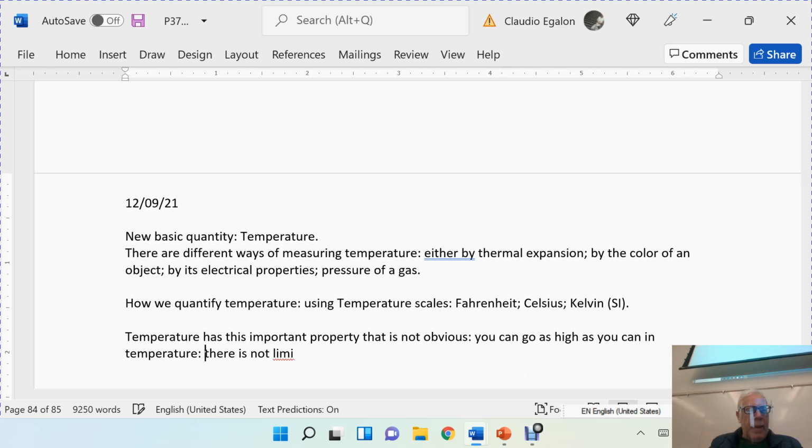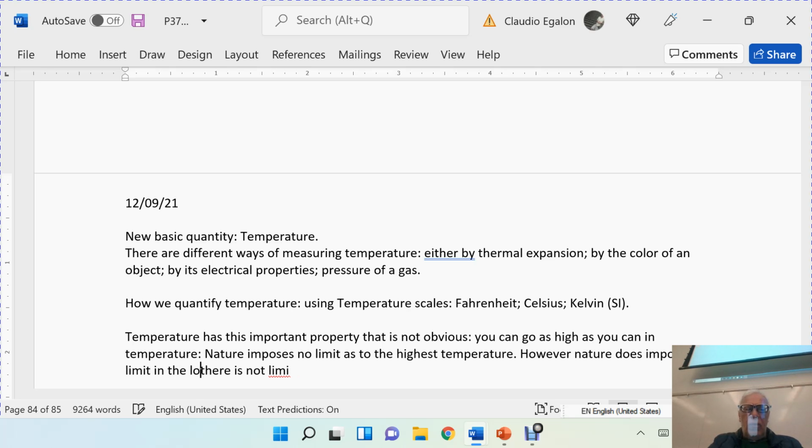Nature imposes no limit as to the highest temperature. However, nature does impose a limit in the lowest temperature value. That's what we call the absolute zero. And that's where the Kelvin scale came from.